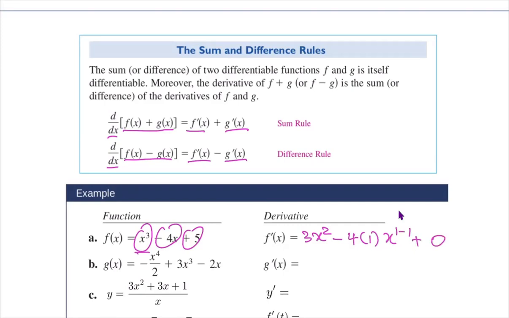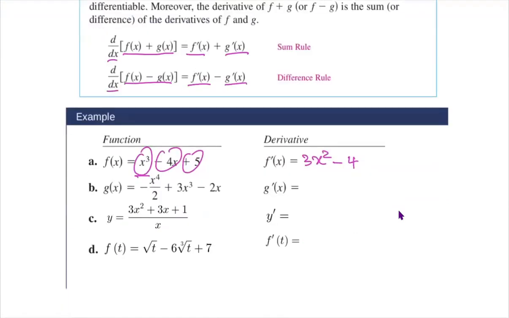The derivative of a constant is 0, so this is not needed. And x exponent 1 minus 1 is x exponent 0, which is 1. So 1 times 1 is 1, and that is negative 4. So the derivative is 3x squared minus 4.